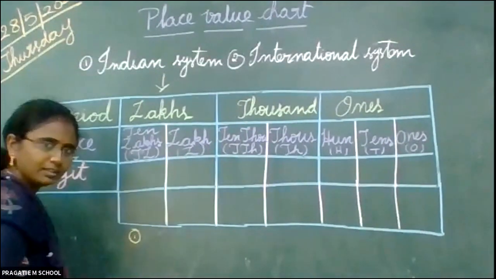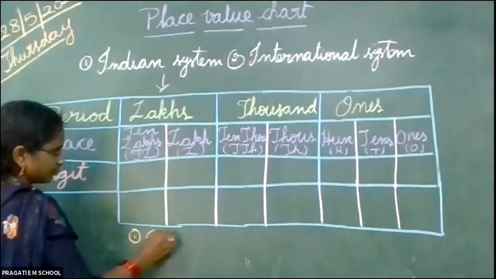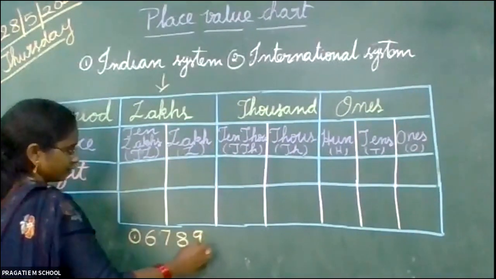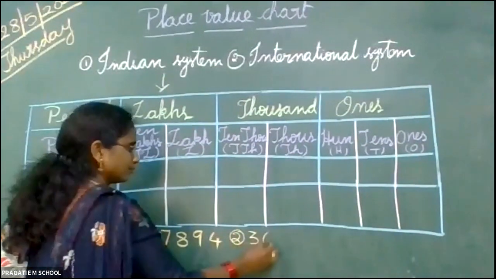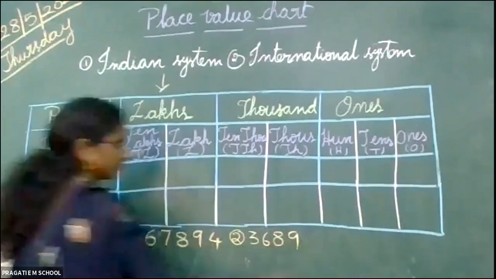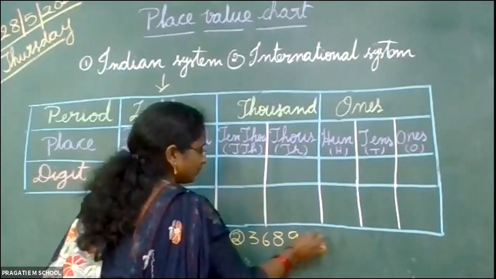Everyone able to see the board? And the second number. Third number.